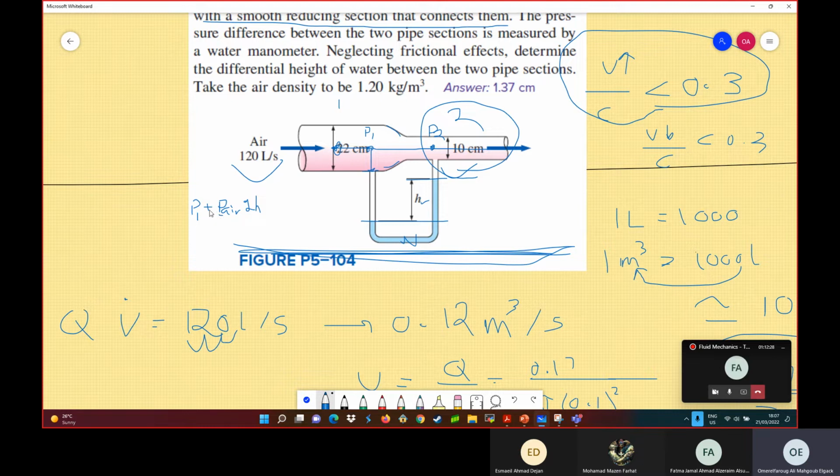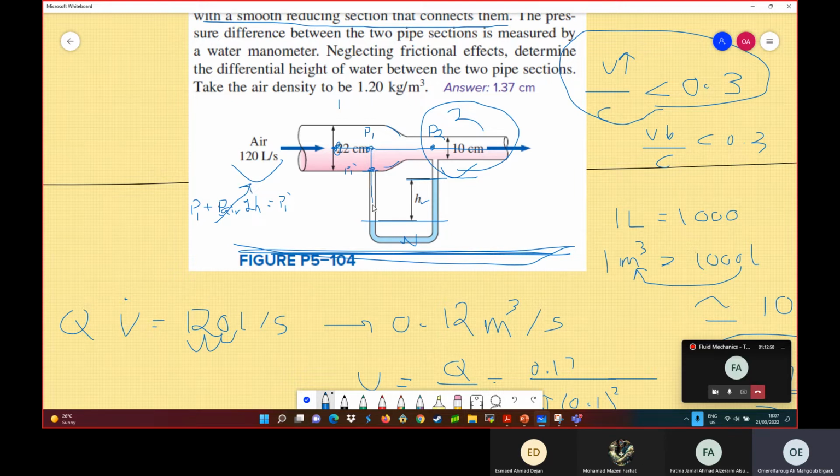P1 plus rho g h is equal to the pressure here. Call it P1 star. Now, because the density of air is very small, we can just neglect this term. So P1 here is the same as P1 here.